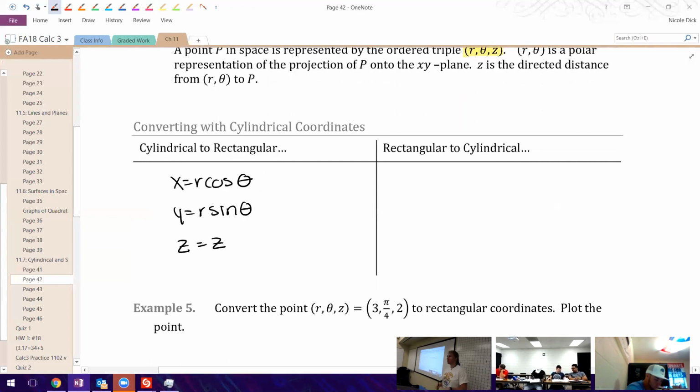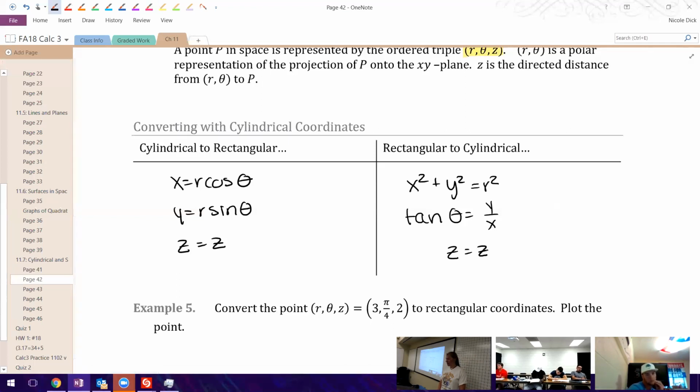So rectangular coordinate z and cylindrical coordinate z are the same thing. So on the other half of this, we still have x squared plus y squared equals r squared. We still have the tangent of theta equals y over x. And z just equals z. So again, if you understand the polar coordinates, this really isn't much more work. It's very, very similar.